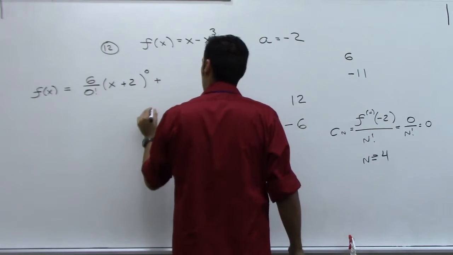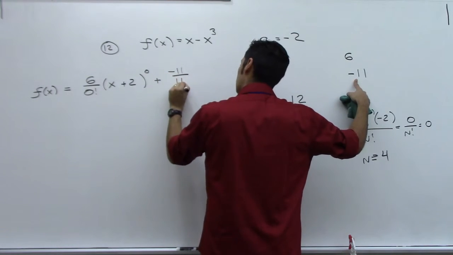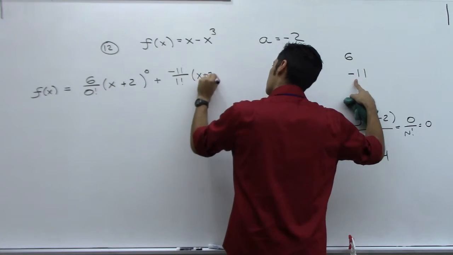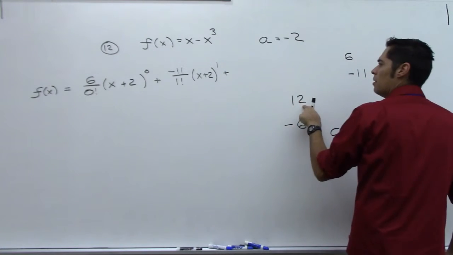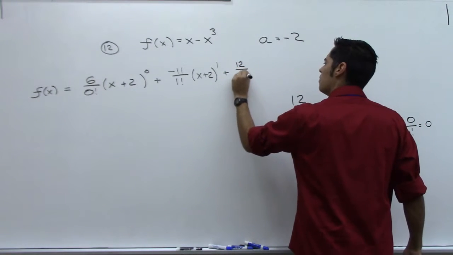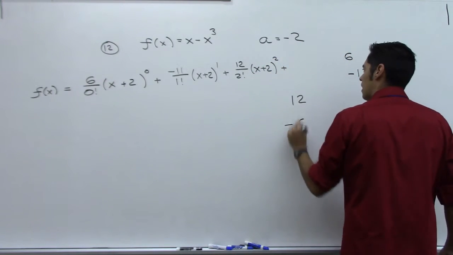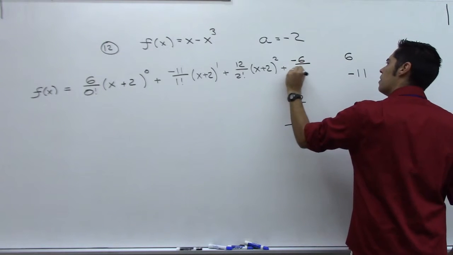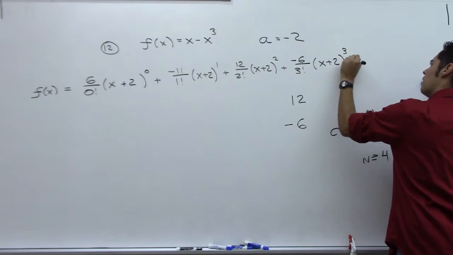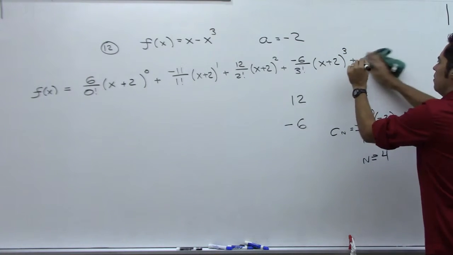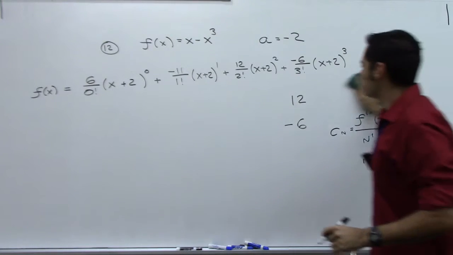And then plus, now it's going to be this one, which will be -11 over 1 factorial and x plus 2 to the first power. And then plus this number, which is 12, over 2 factorial, x plus 2 squared, and then one more, -6 over 3 factorial, and then x plus 2 to the third, and then it will be zeros the rest of the way. So I'm not going to worry about those.